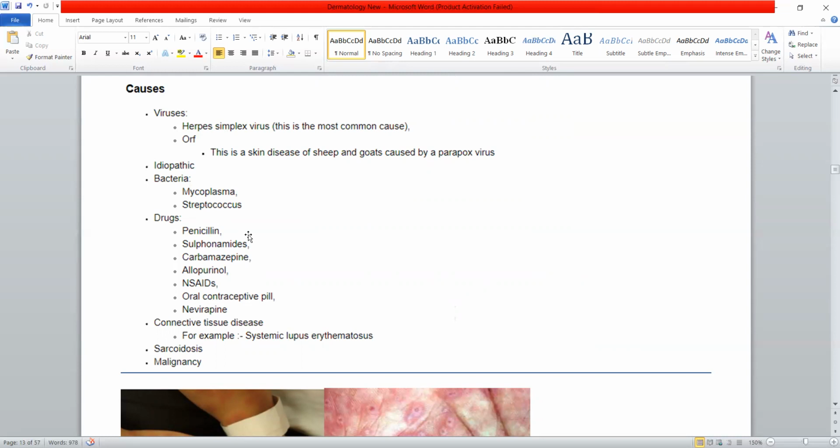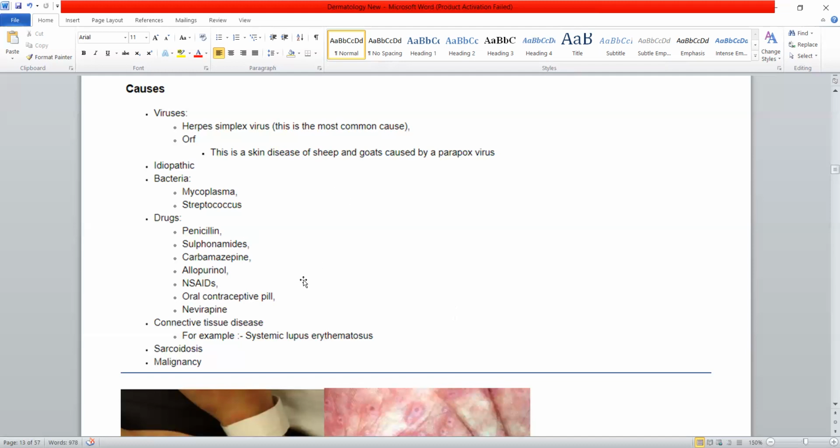Remember these three causes; they are important. The management is symptomatic: antihistamine for allergy, analgesics for pain, skin care, and mouthwash if there is oral mucosa involvement.